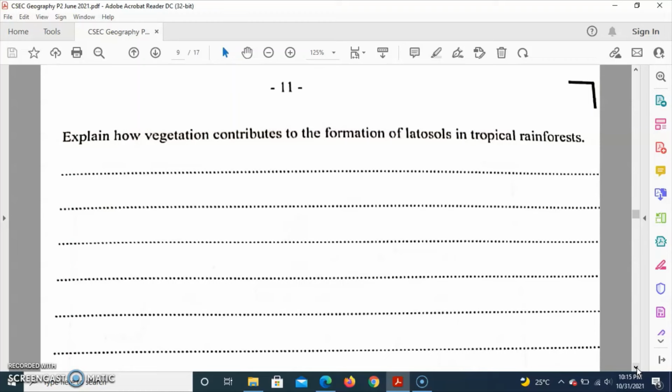The thin layer of humus gives the topsoil a dark color, and humus does not stay in the soil very long because the plant roots take it up very quickly, and the remainders oftentimes leach further into the soil. Vegetation is rich in the tropical rainforest, so there is always a constant supply of leaf litter to supply humus. So the rich vegetation is aiding in the formation of latosols.